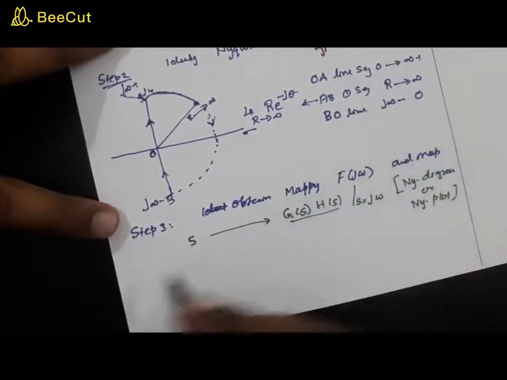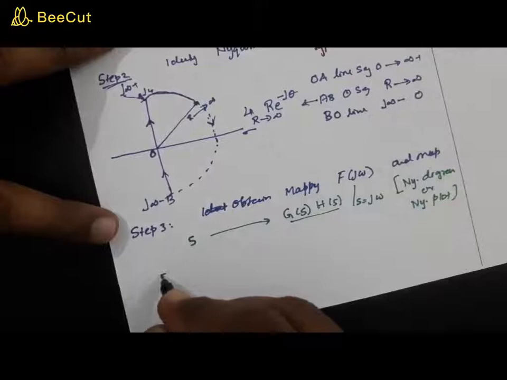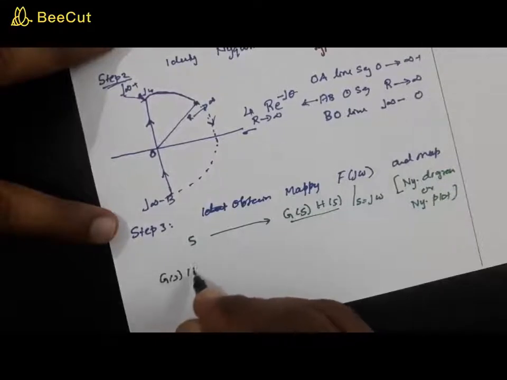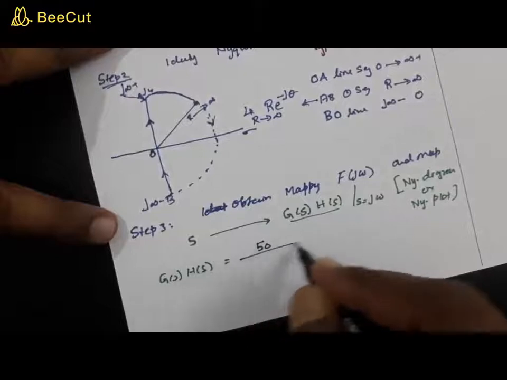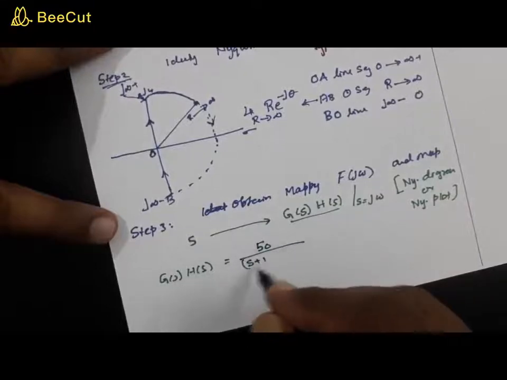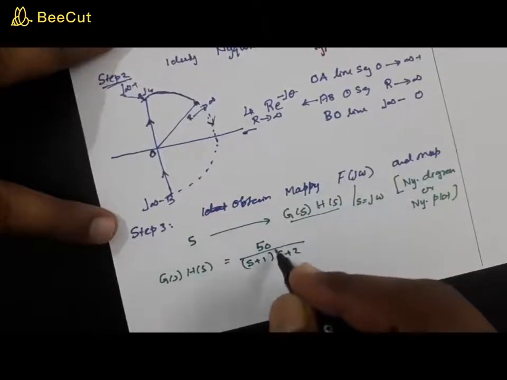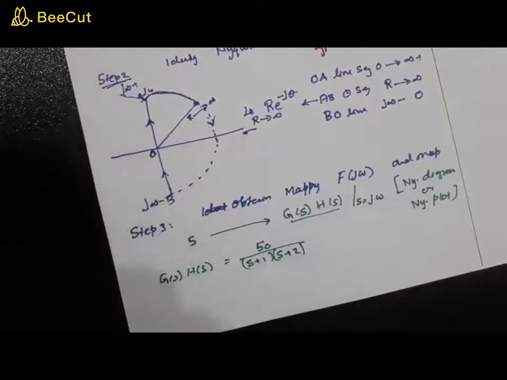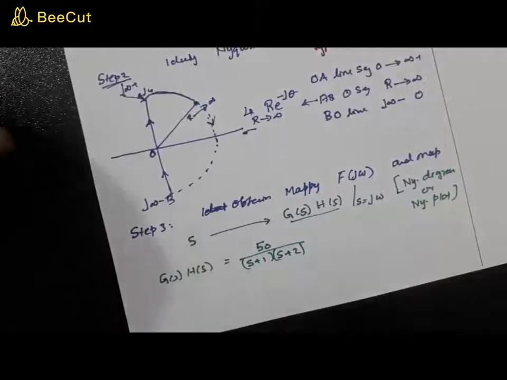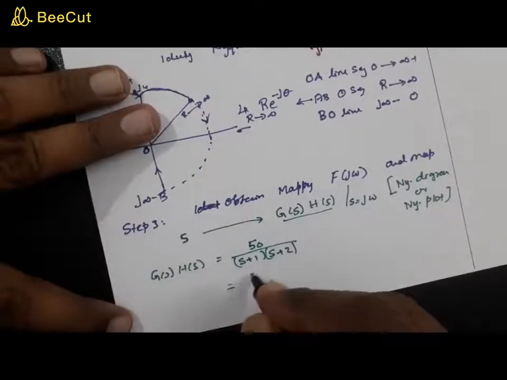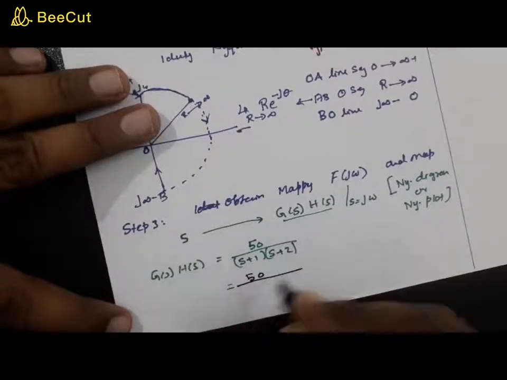This mapping function is obtained by rewriting g of s h of s as 50 divided by s plus 1 into s plus 2. Putting s equal to j omega, you will get 50 divided by j omega plus 1 into j omega plus 2.